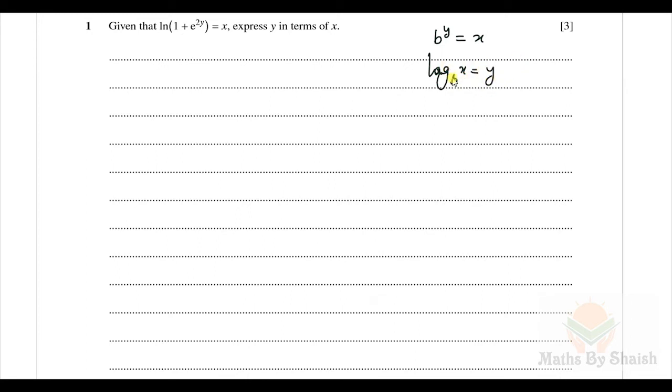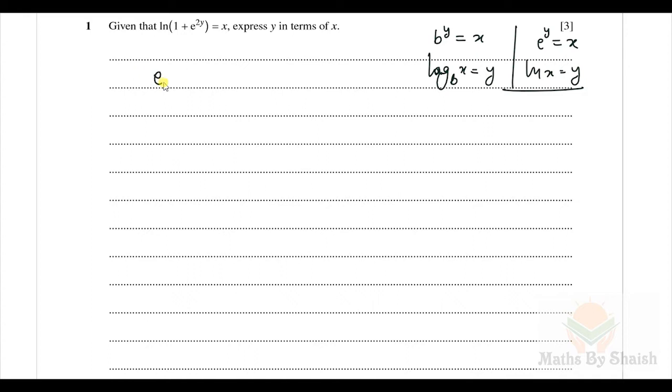So if the base is e, then this is represented by ln, the natural log. It's like if e^y is equal to x, it means ln x will be y. So this is the basic definition.